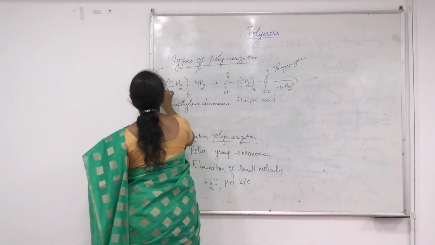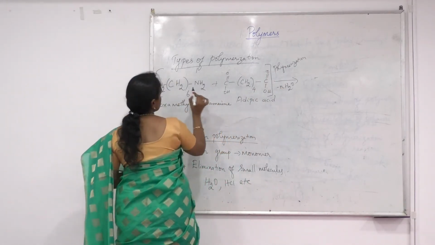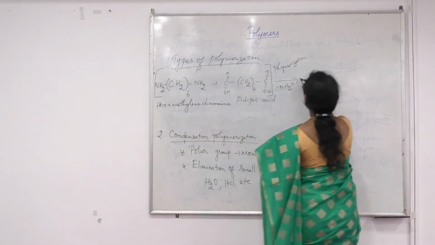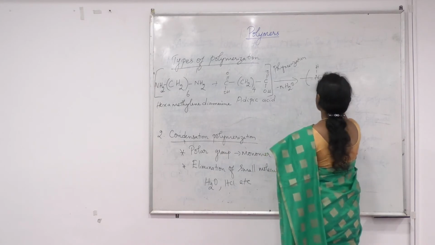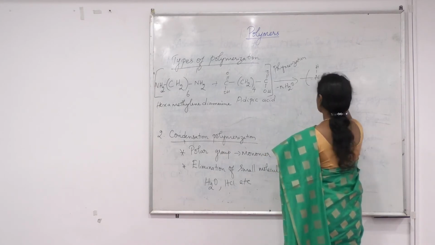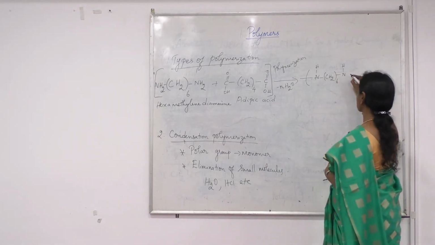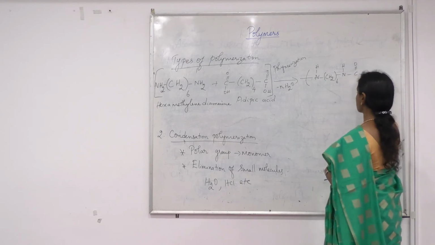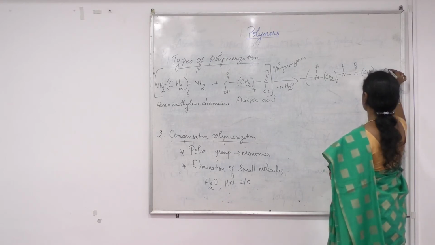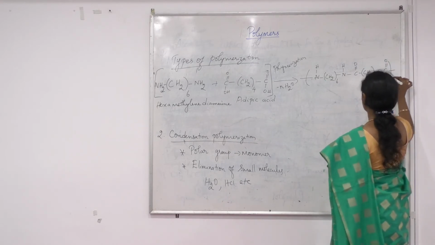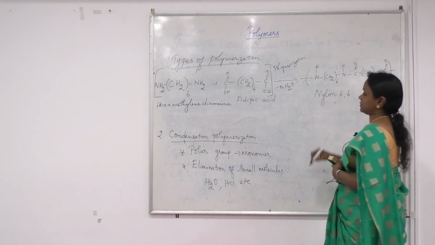So when n number of these two monomers are reacting, what do we get? We get this, our nylon 6,6.